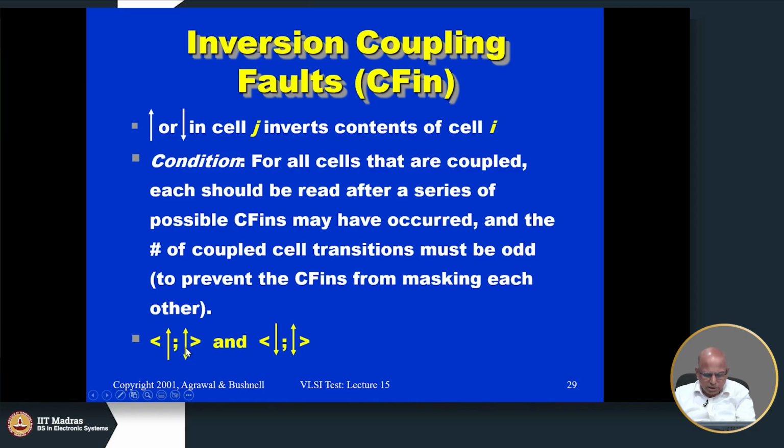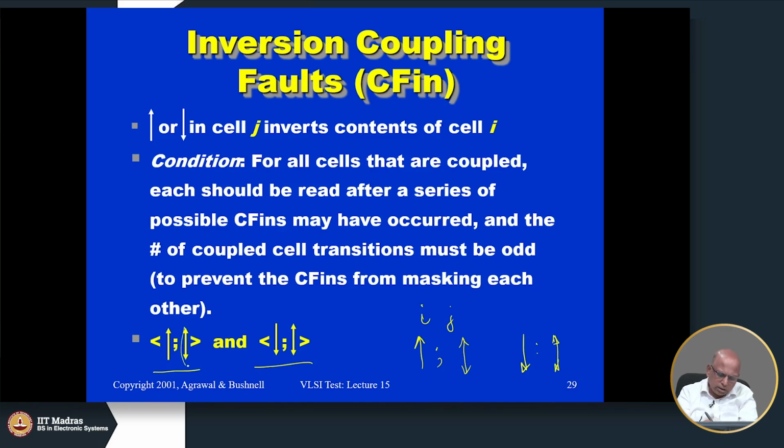See, this notation means I have two cells I and j. I is rising, that causes j to invert. Or I is falling and that causes j to invert. That is this notation. That is why it is called an inversion fault.